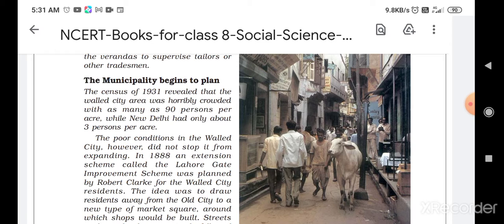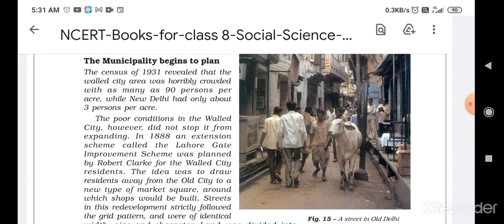Because they saw that in the walled city, Shahjahanabad, 90 persons were living per acre, whereas in Lutyens' Delhi, the New Delhi, 3 persons were living per acre. This was the ratio of people living in the walled city and in New Delhi. This is a record of 1931.